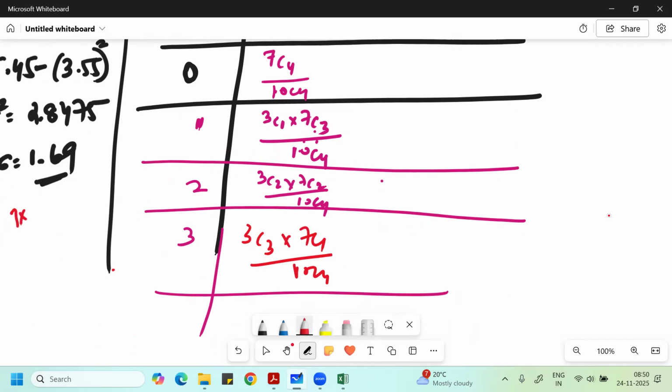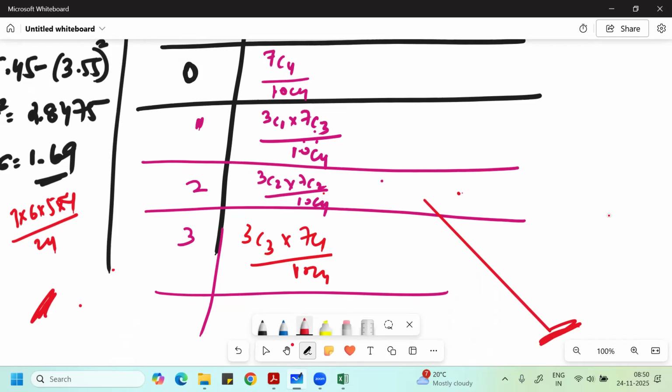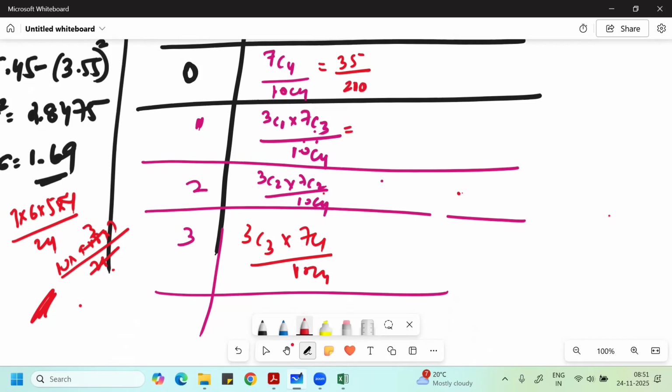So 0 defective is 7C4 by 10C4. 7C4 means 7 into 6 into 5 into 4 divided by 24, which is 35. 7C4 is the same as 7C3. 10C4 is 10 into 9 into 8 into 7 by 24, which is 210. So 35 by 210. 3C1 is 3, 7C3 is 35, so 105 by 210.